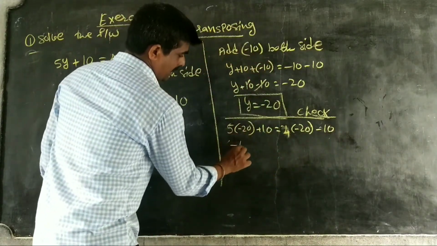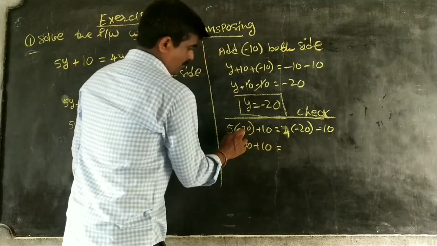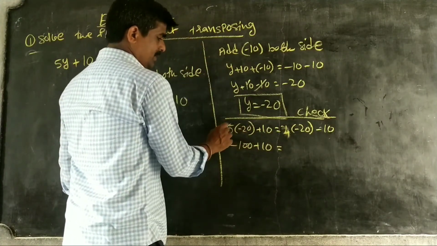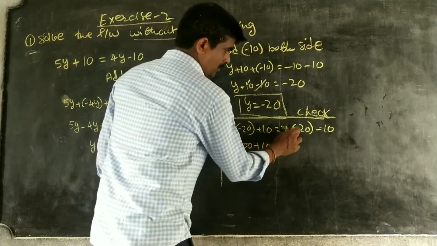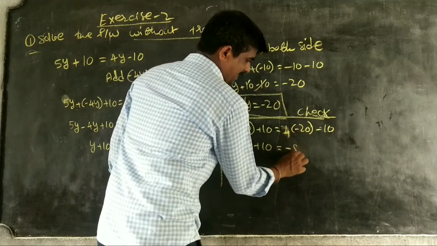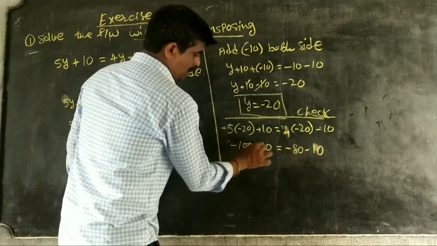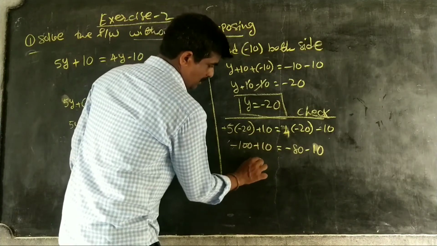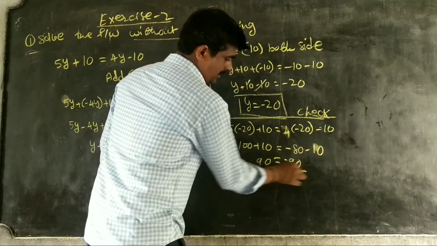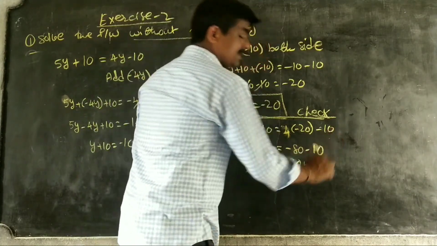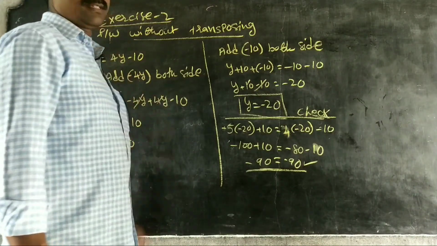So minus 100 plus 10 is equal to minus 80 minus 10. That is minus 90 is equal to minus 90. Therefore, our answer is correct. This is for exercise 2, first part.